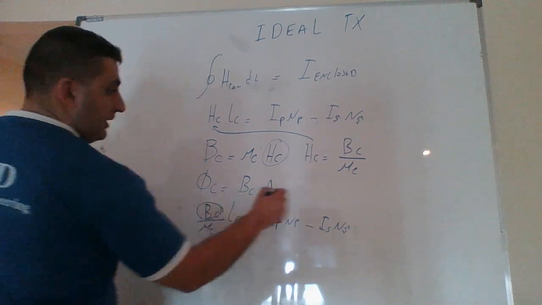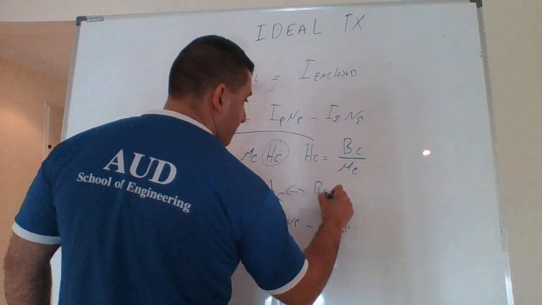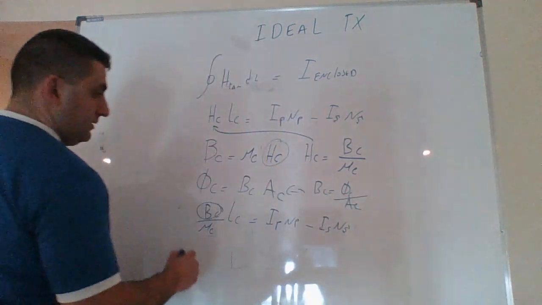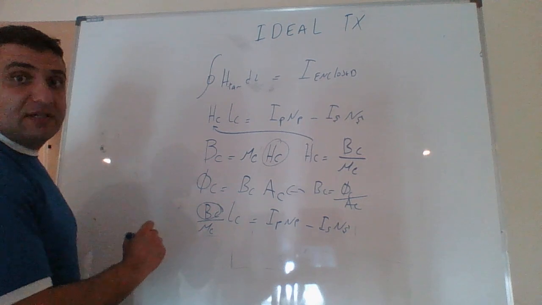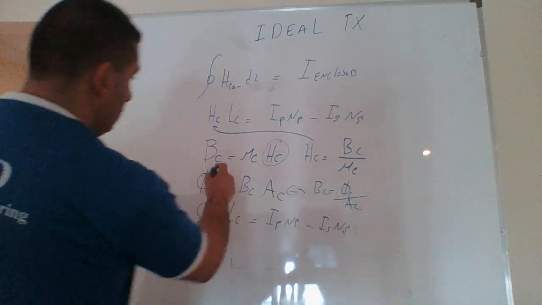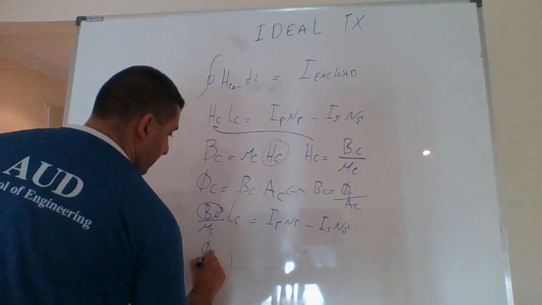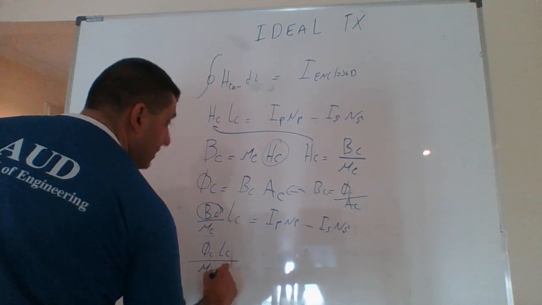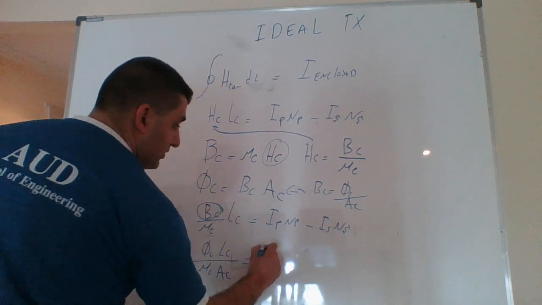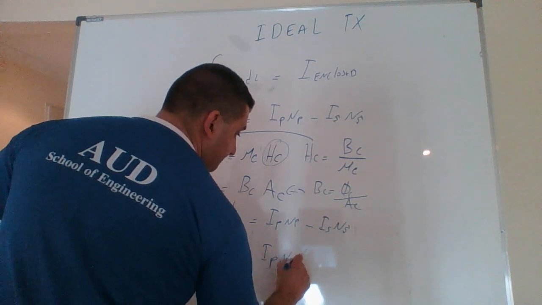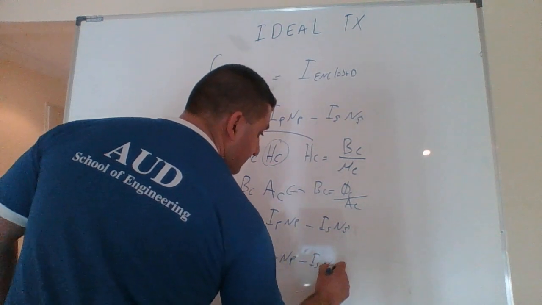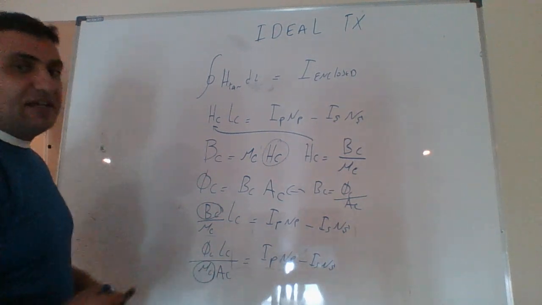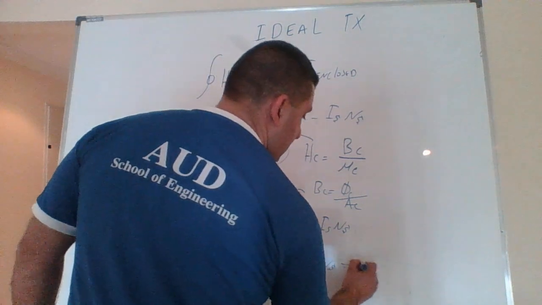Replacing B with the flux, the total system gives phi of the core, LC, divided by mu of the core times cross-section area of the core, equal to I primary N primary minus I secondary N secondary. Under an ideal system, mu is infinite, so this will be 0.